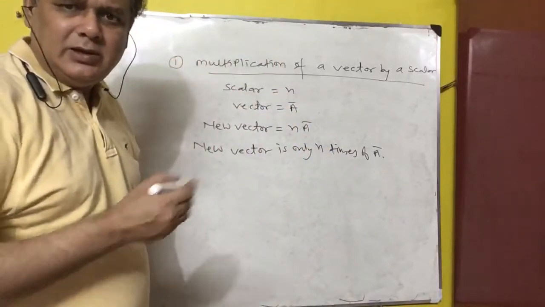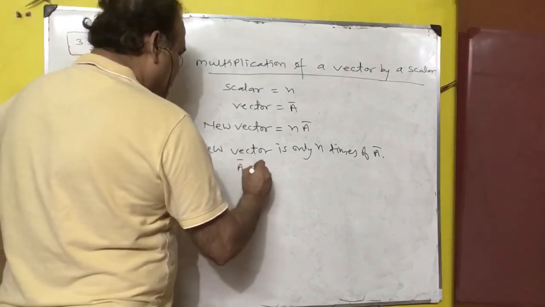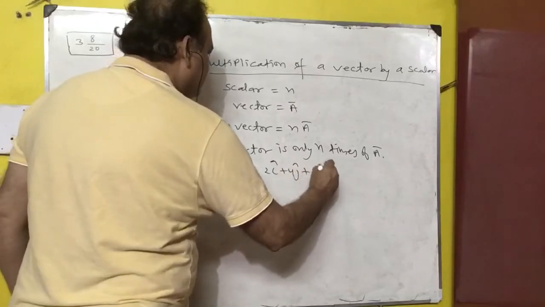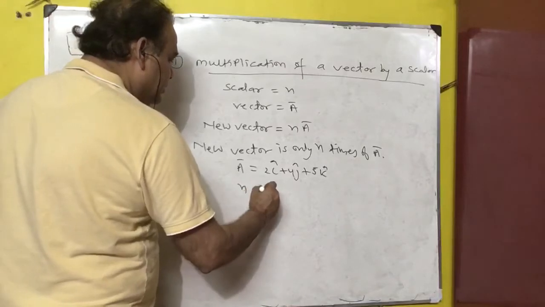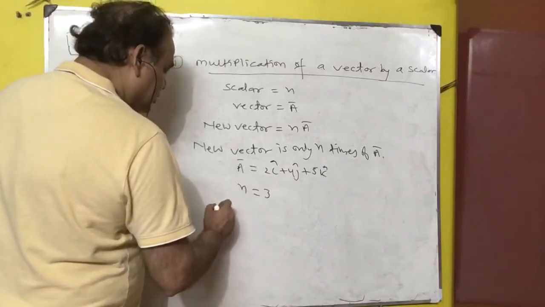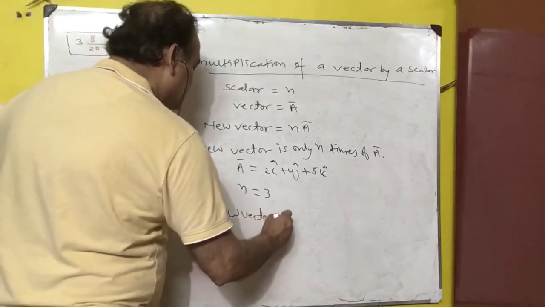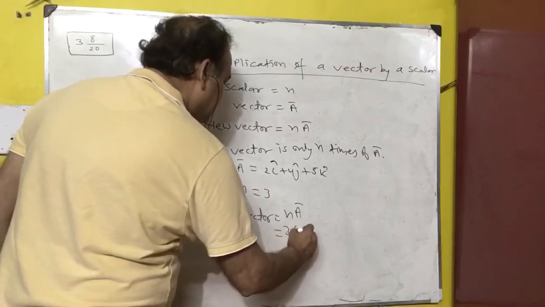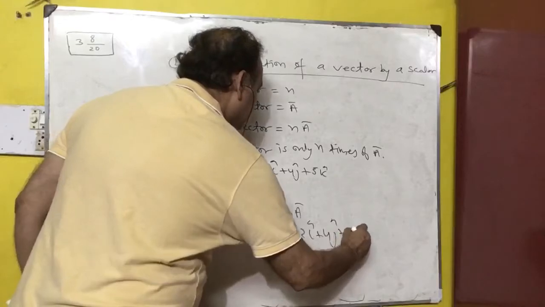Just like suppose you have a vector a equal to 2i plus 4j plus 5k, and you have to multiply it by a number 3. So what is your new vector? Your new vector is na, that is 3 into 2i plus 4j plus 5k.